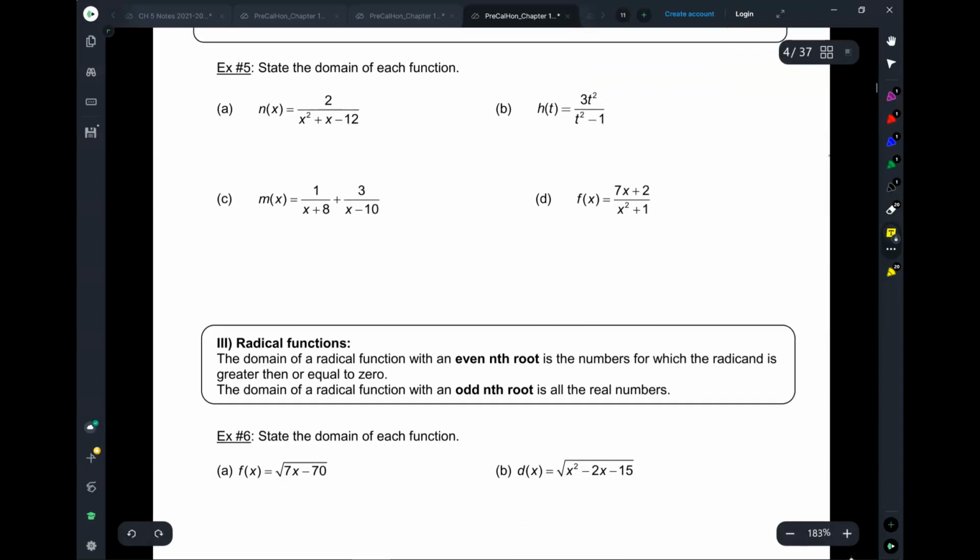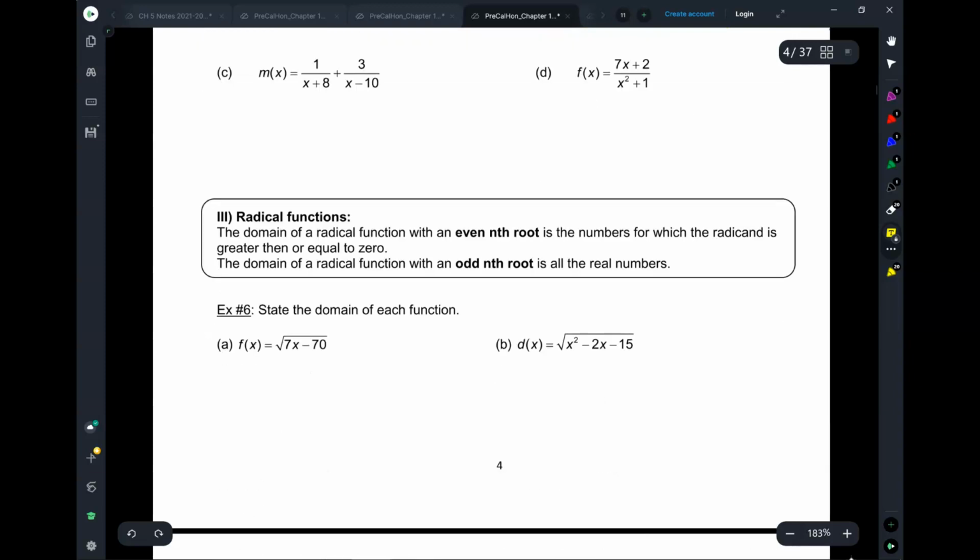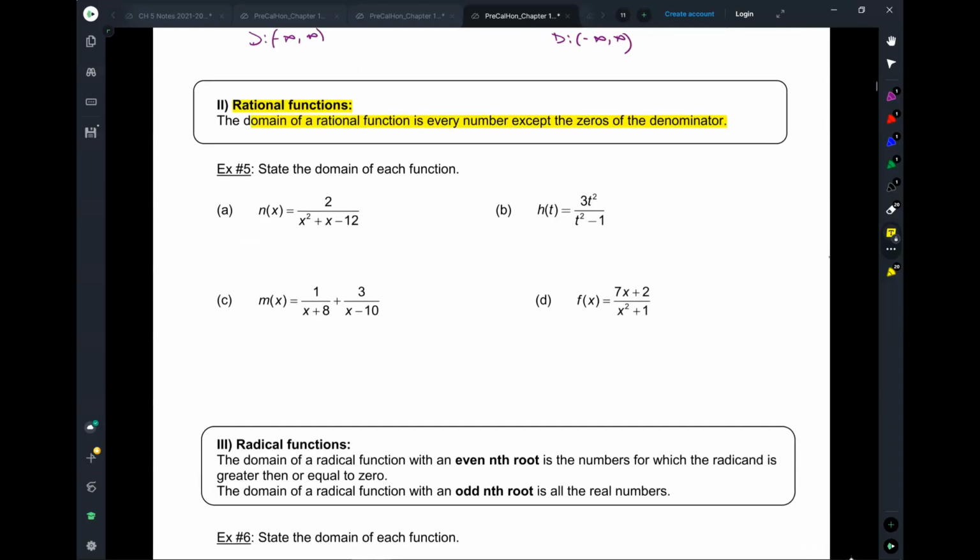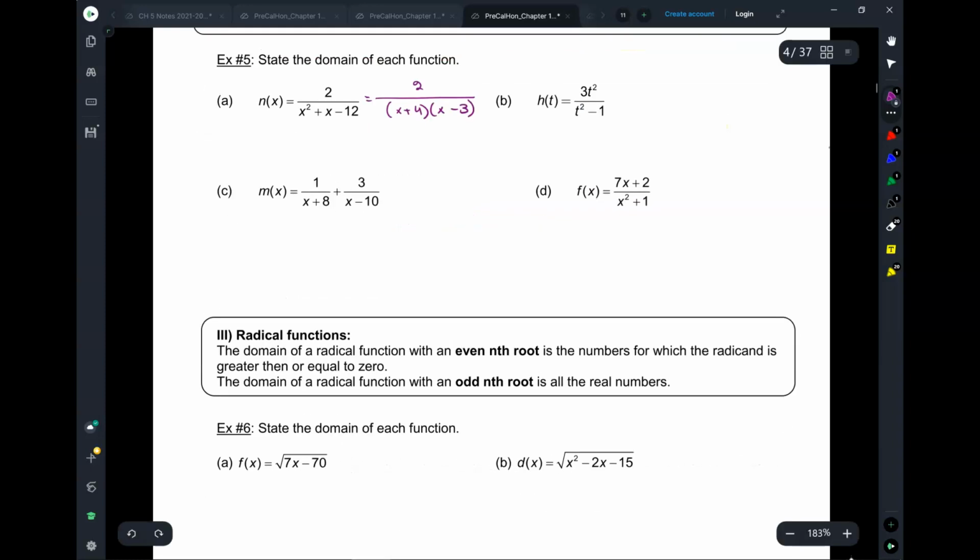Okay? So, this first one, I'm going to factor. Okay? So I take that denominator, set it equal to 0.